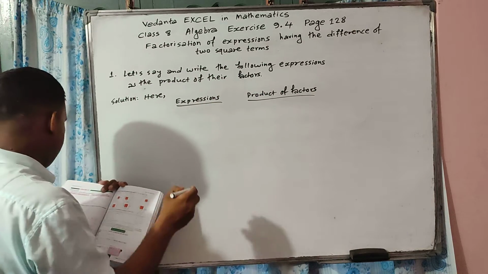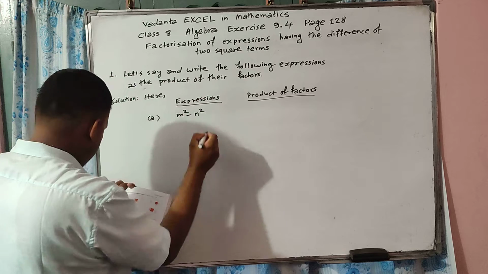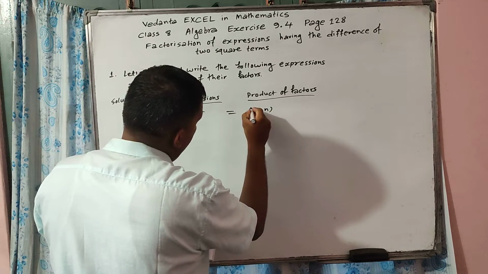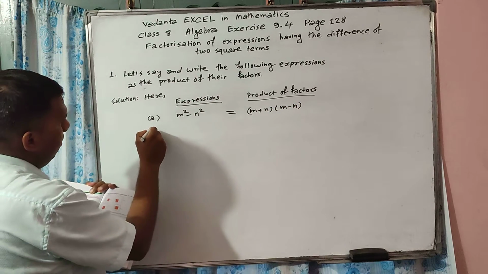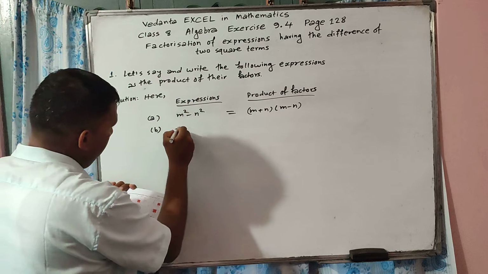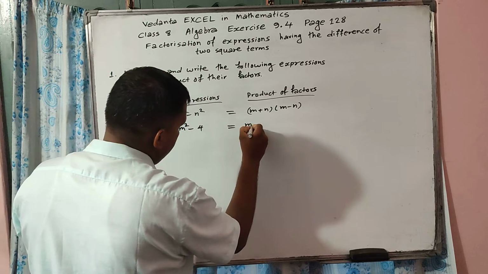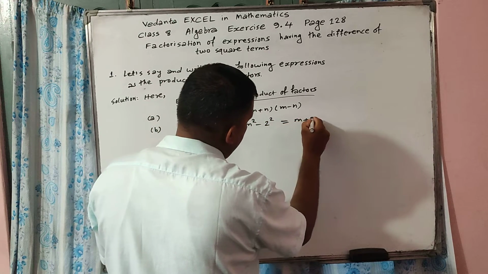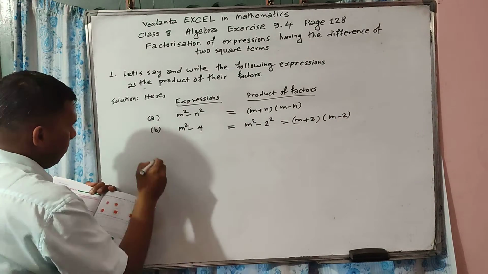The first is m square minus n square. This is equal to m plus n, m minus n. Next, B, m square minus 4. This is equal to m square minus 2 square, that is m plus 2, m minus 2.